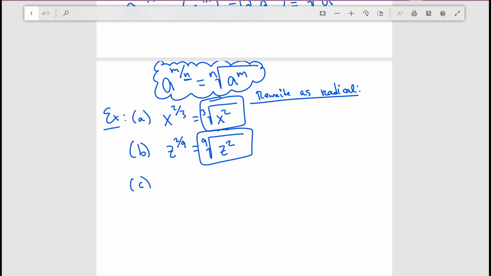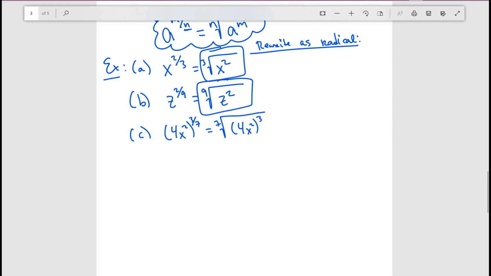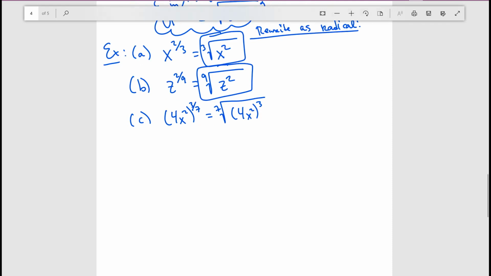What is going to be 4x squared to the power of 3 over 7? So 7 is going to be the root, which is going to be the 7th root. The inside is just going to be 4x squared raised to the power of 3. Then later on you can simplify it a little bit more, but let's just practice rewriting everything.